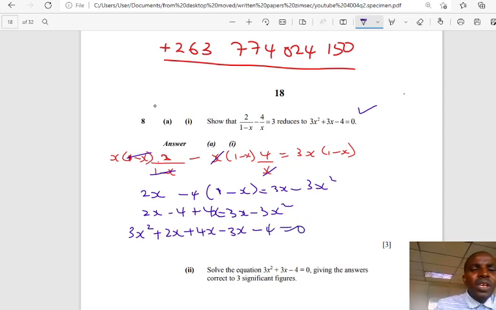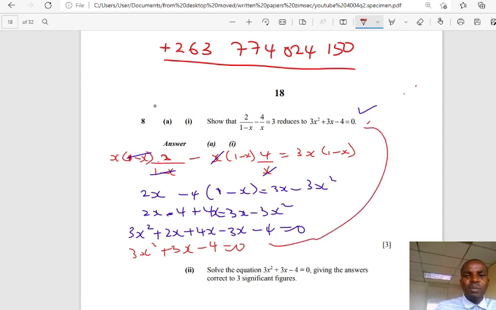Like this. Then you say 3x squared, 2x plus 4x is 6x, 6x minus 3x is 3x, plus 3x minus 4 equals 0. So it is shown, it's the same as this one.